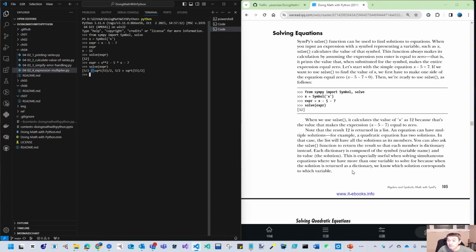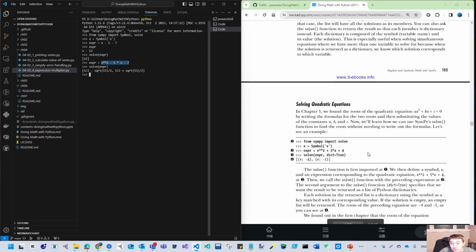When we use solve, just bear in mind that we assume the expression is equal to 0, which means the right part is equal to 0. That is what we call the equation. No matter what expression you put here, Python will calculate it and give you the result.